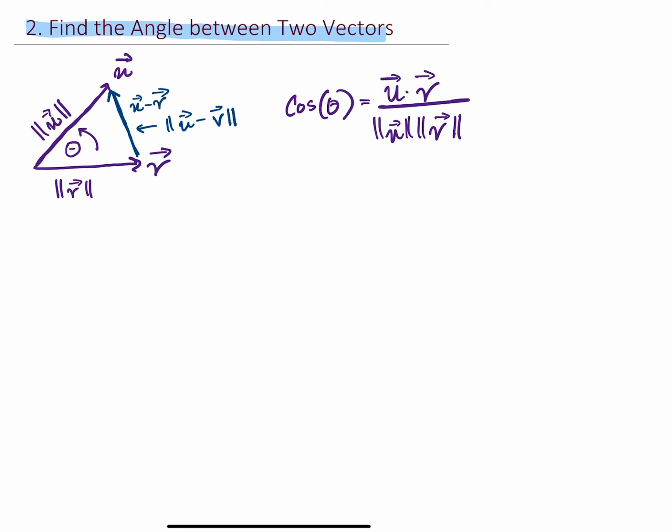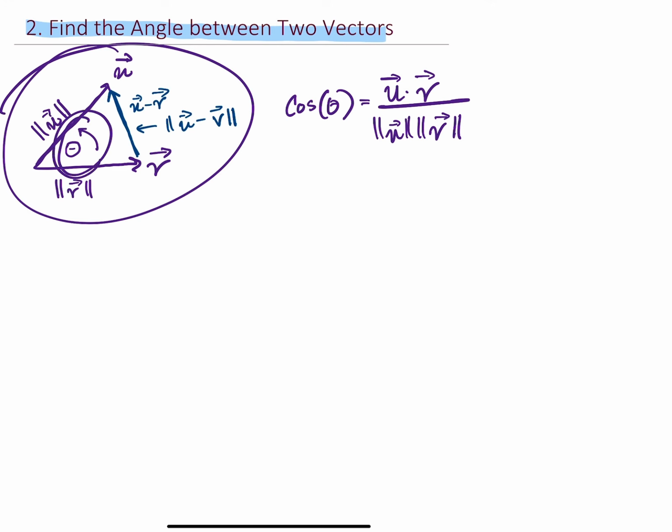So if you're comfortable just memorizing this and working with it, we could plug all of this in, find these attributes, and then take the inverse cosine in order to find our angle. But if you're curious where this formula comes from, we can actually get it via the law of cosines. Having this triangle where we can describe the three side lengths and we want to find this inner angle.